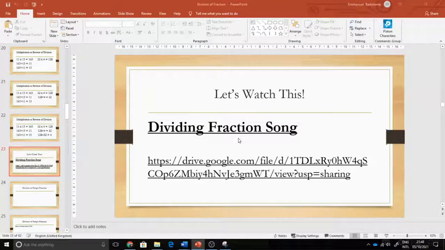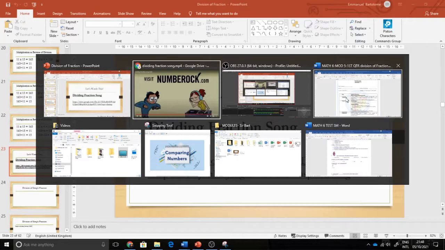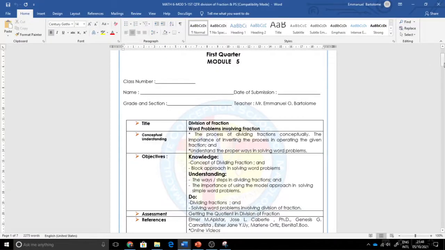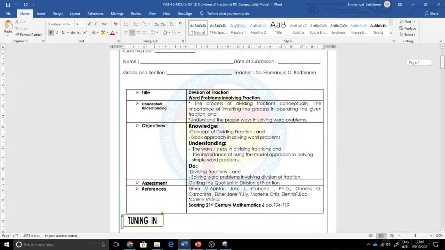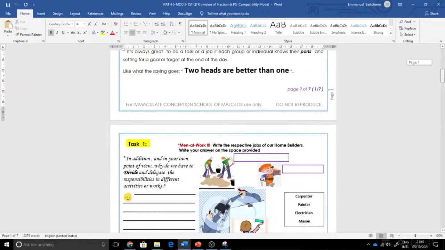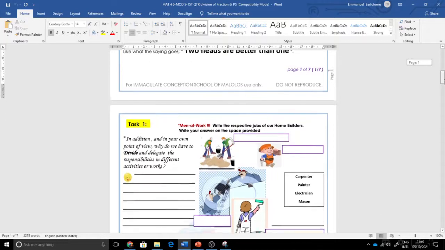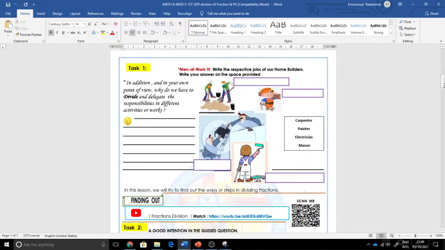So let's go to our module 6. So this is your module. Division of fraction. So you need to do task 1. In your own point of view, why do we have to divide and delegate the responsibilities in different activities or work?